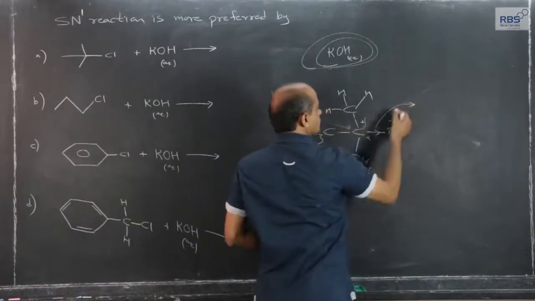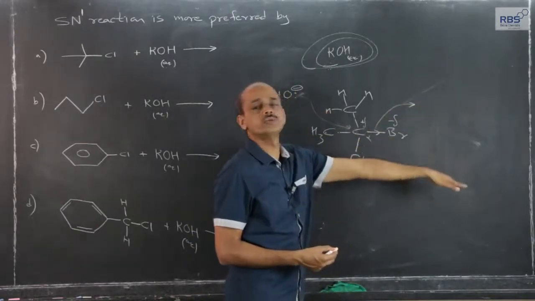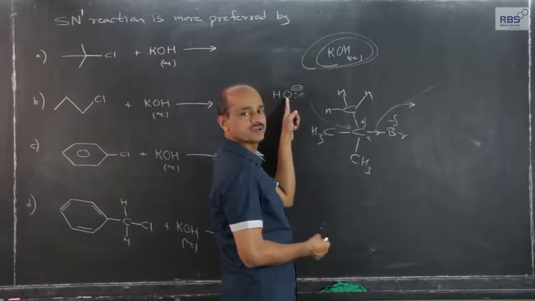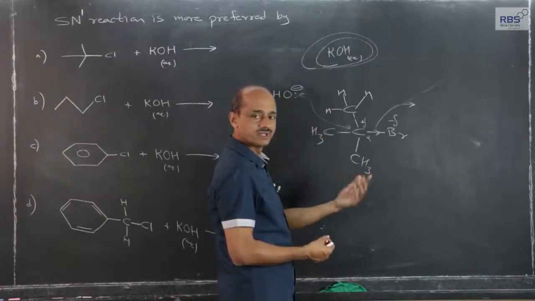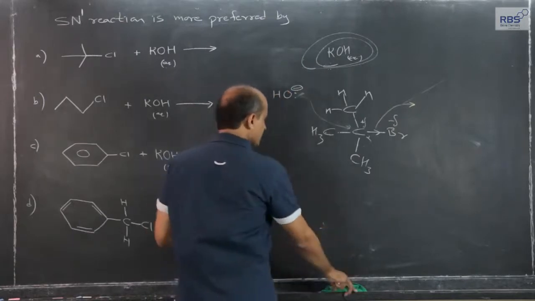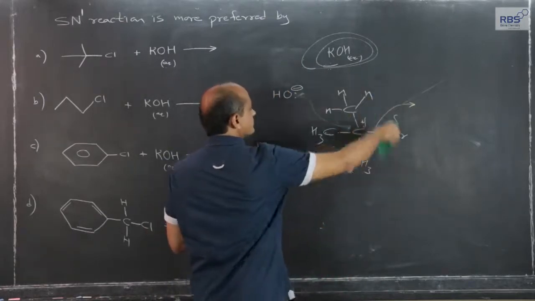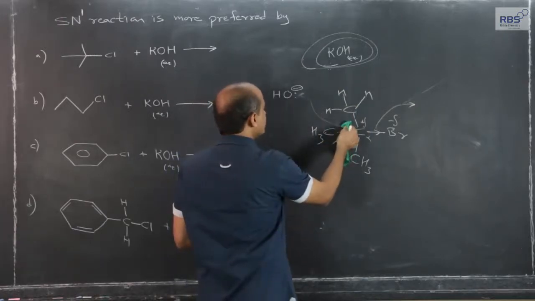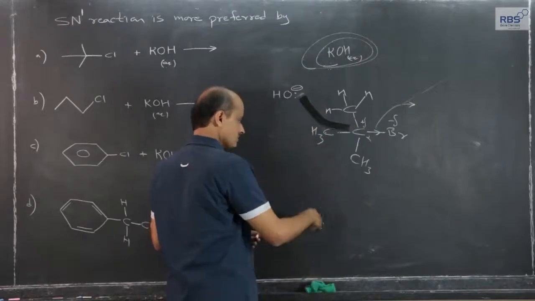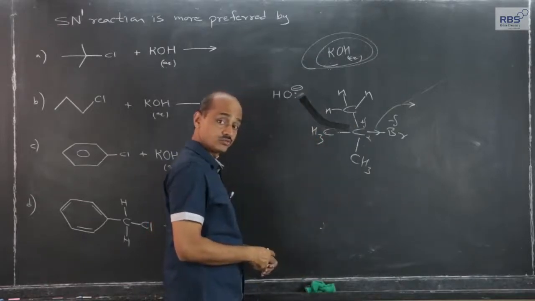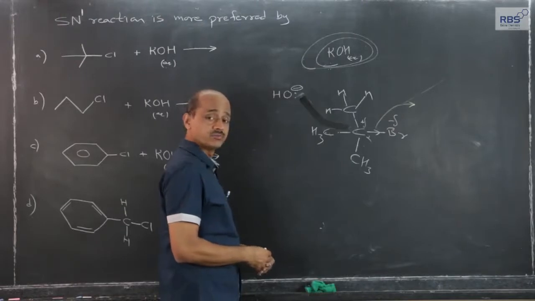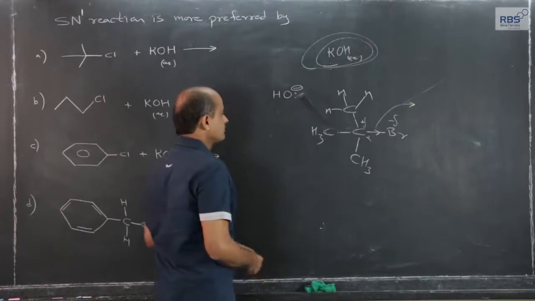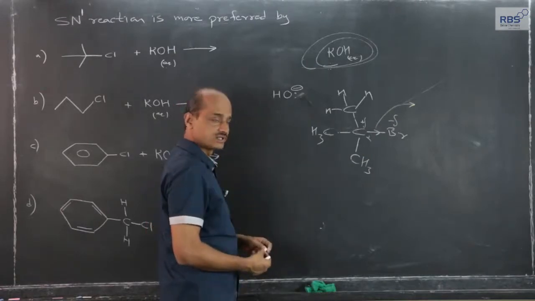And the same side attack is not possible because the outgoing bromine is negative, it goes out in the form of a nucleophile, and the attacking OH minus ion is also a nucleophile, there will be repulsion. So, opposite side attack is not possible because of the steric hindrance, the path is blocked, and same side attack is not possible, like in the earlier case of methyl bromide, because of repulsion between similar charge, outgoing nucleophile and incoming nucleophile. So, how can the reaction take place?